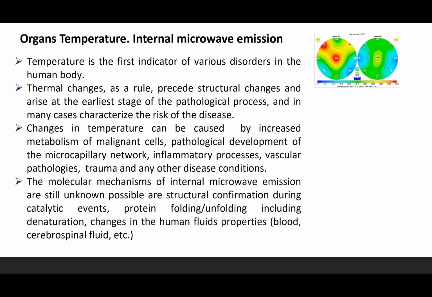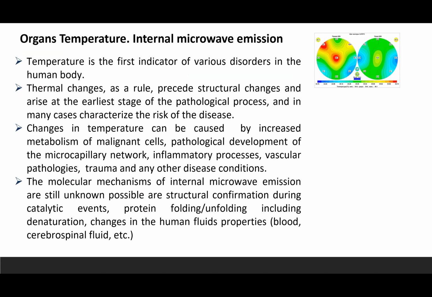As you know, temperature is the first indicator of various disorders in the human body, and thermal changes as a rule precede structural changes and arise at the early stage of the pathological process, and in many cases characterize the risk of the disease. Changes of temperature can be caused by increased metabolism in cancer cells, pathological development in microcapillary networks, inflammation process, vascular pathology, trauma, and any other disease conditions.